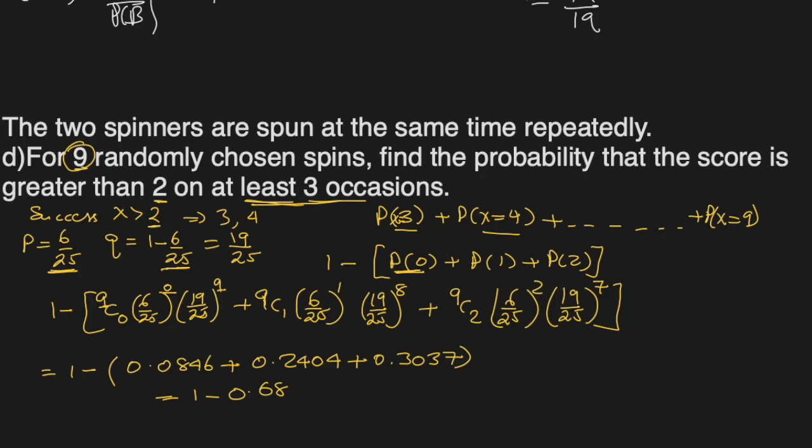I have rounded all the digits to 4 decimal places. So that gives 0.3713. And for 3 decimal places or 3 significant figures, it will be 0.371. That is the probability that you will get a result greater than 2 on at least 3 occasions.